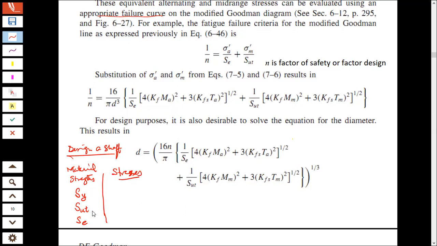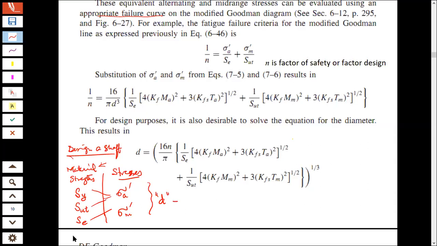Now, what are those stresses in the shaft? Those stresses are sigma A dash, which we just talked about, and sigma M dash. So you are going to look at these, and then you are going to come up with the dimensions of the shaft, which are basically the diameters of the shaft at different sections.